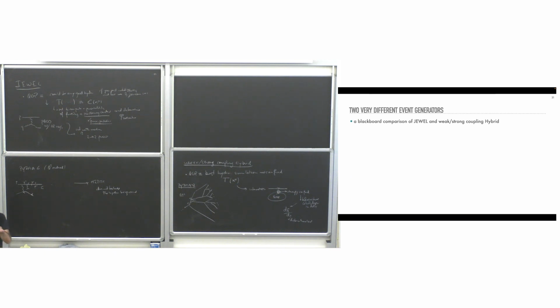I know what happened when. I take this shower as is and embed it in hydrodynamics. So I do the right thing with the origin points and the geometry. Then I put this inside a QGP.